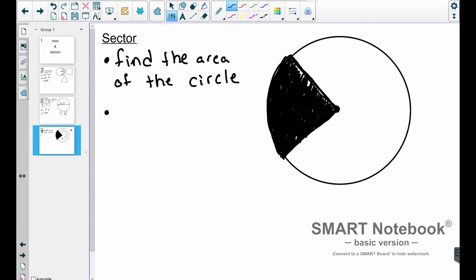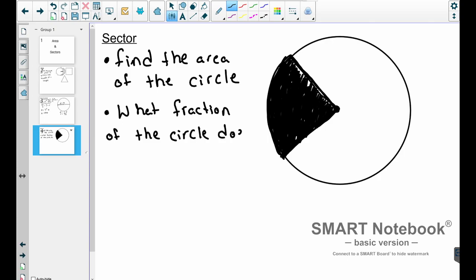So once you know the whole thing, you have to find out what fraction of the circle this sector covers. So we have to know how much of the circle this sector right here is. If I said that's 1/4 of the circle, you would know that it's 1/4 of the circle.